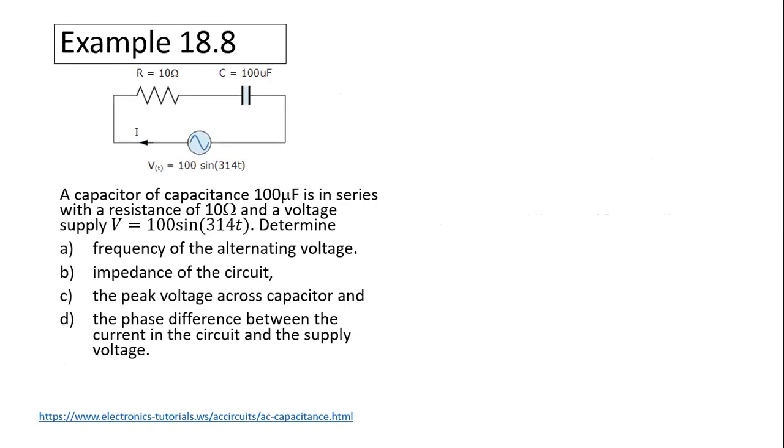Okay, try this question. A capacitor of capacitance 100 microfarad is in series with a resistance of 10 ohm and a voltage source given there. Determine the frequency of the alternating voltage. Yep, how to find the frequency?